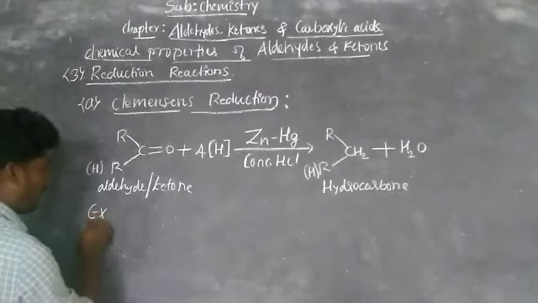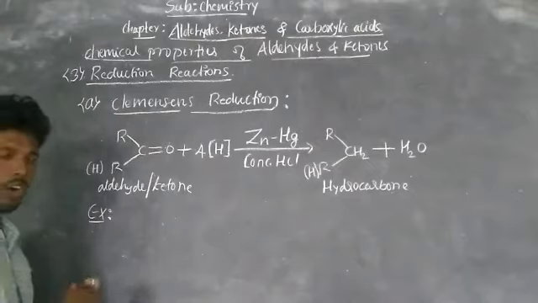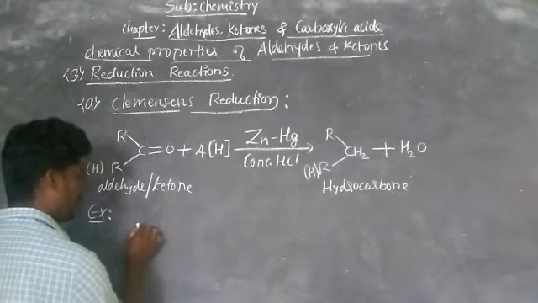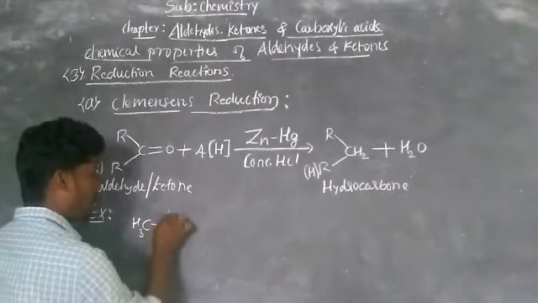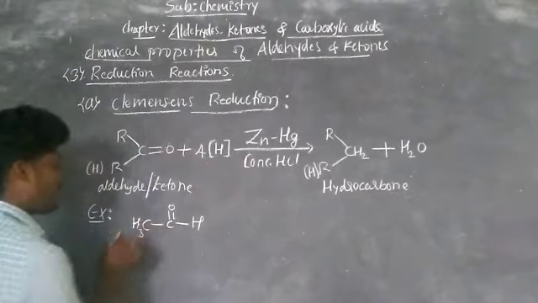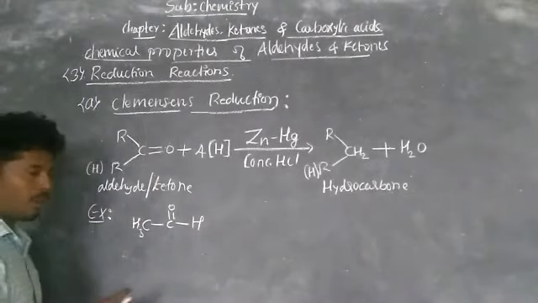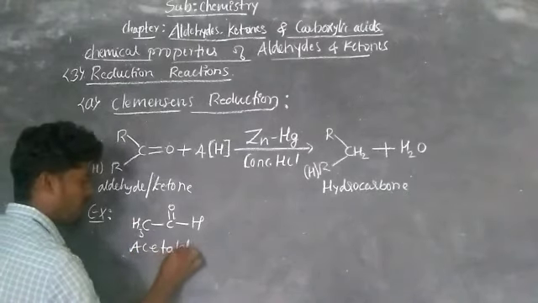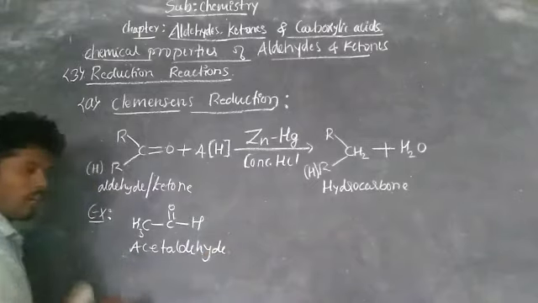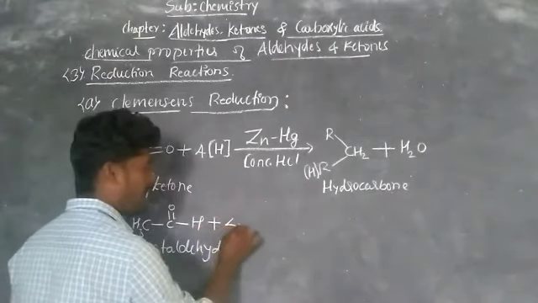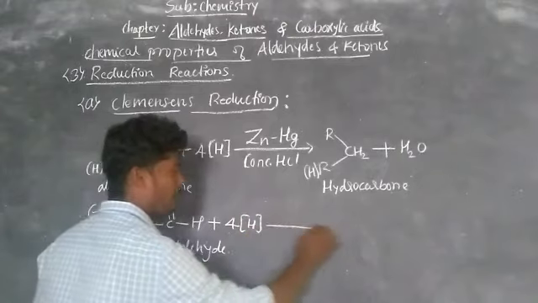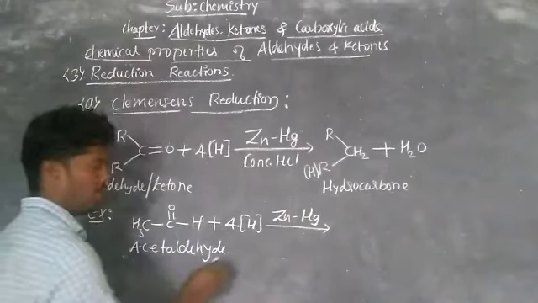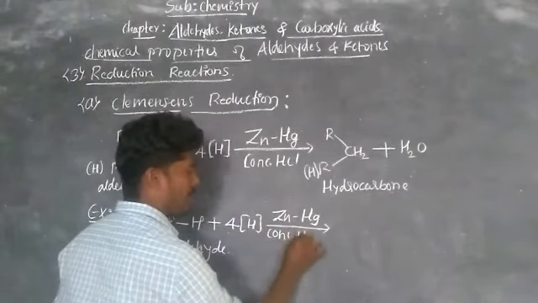Now take an example. First take an aldehyde. Take a simple aldehyde, acetaldehyde, that is CH3, C double bond O bond H. This is acetaldehyde. The simplest aldehyde is formaldehyde, and this is the second member of the aldehydes, acetaldehyde. Now this acetaldehyde undergoes reduction in presence of zinc amalgam, that is Clemmensen's reagent, and concentrated HCl.